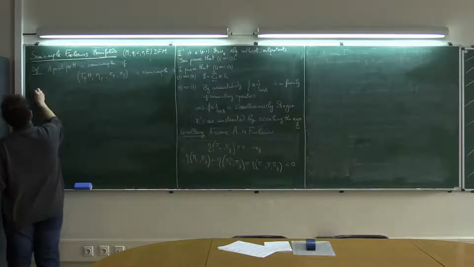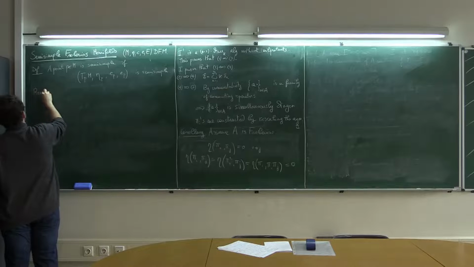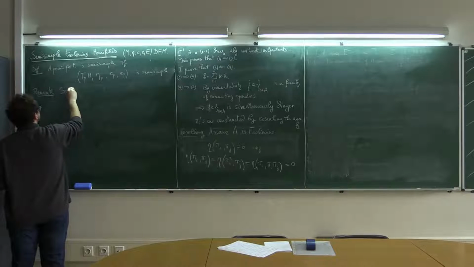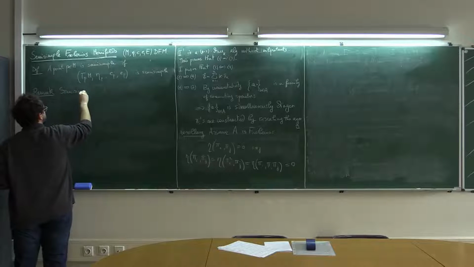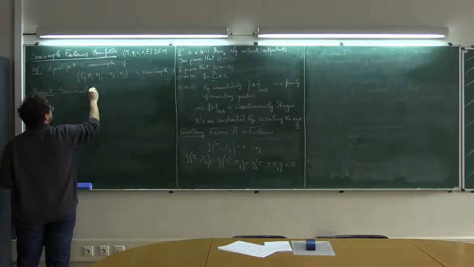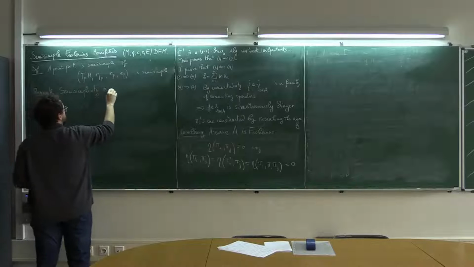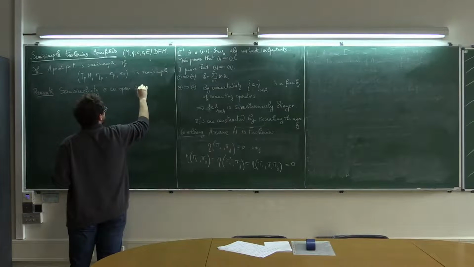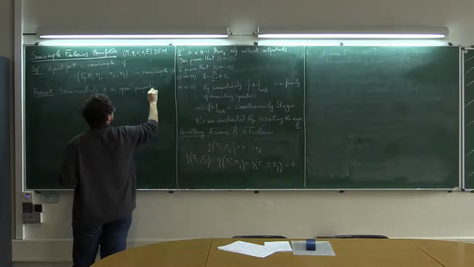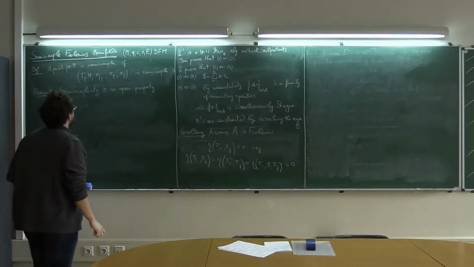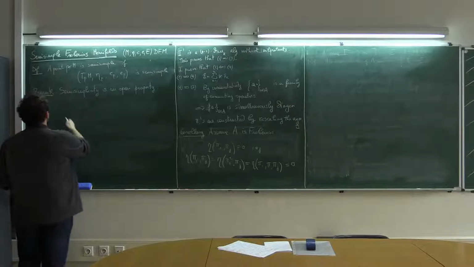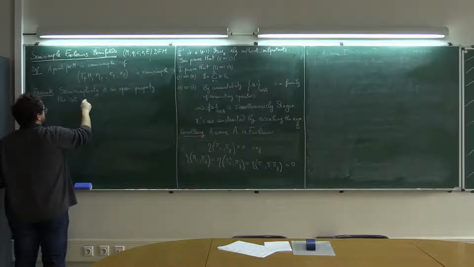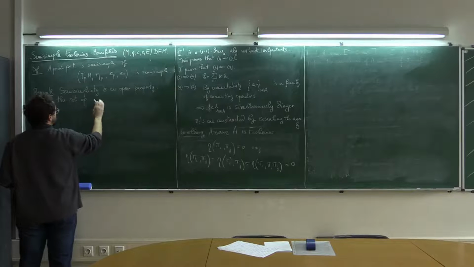That is, a remark: semisimplicity is an open property. In other words, the set of semisimple points is open.